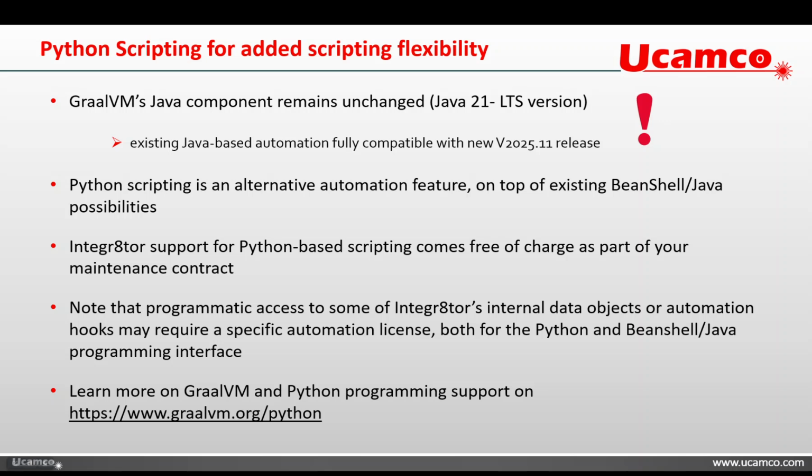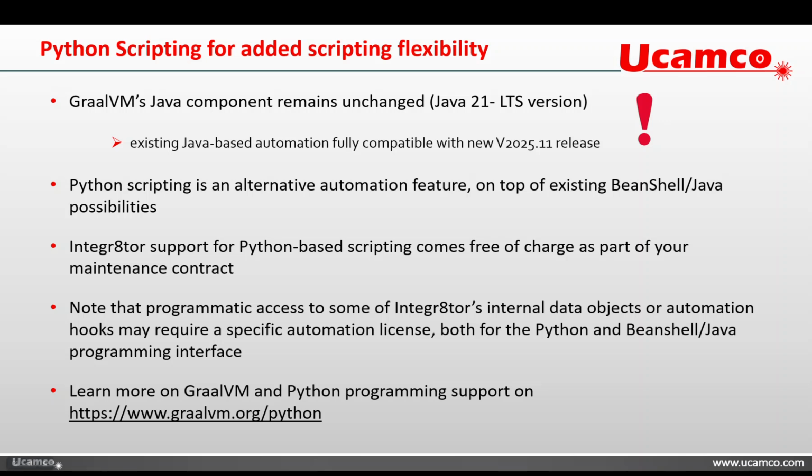Now, I've mentioned that the GraalVM is the successor of our previous Java virtual machines. But having said that, I think it's important to know that the Java component within this new GraalVM is basically the same as the Java version that you had before.